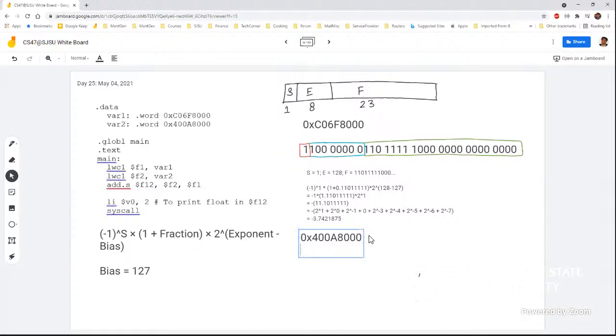Okay, which is basically we just expand them into the binary bit pattern. So this is 0 1 0 0, that is 4, then 0 0 0 0 0 0 0 0. A is 10, 10 is 1 0 1 0, then 8 is 1 0 0 0, then 3 zeros.